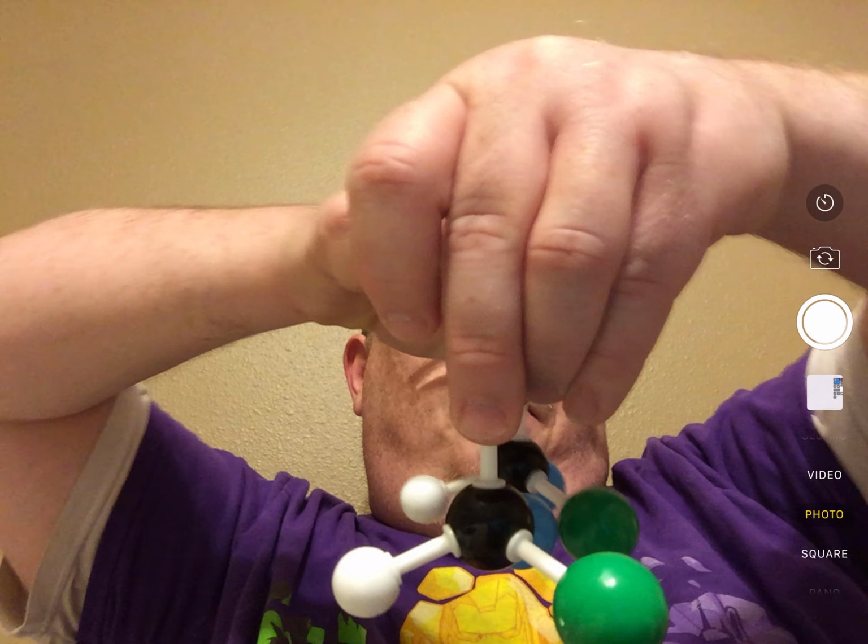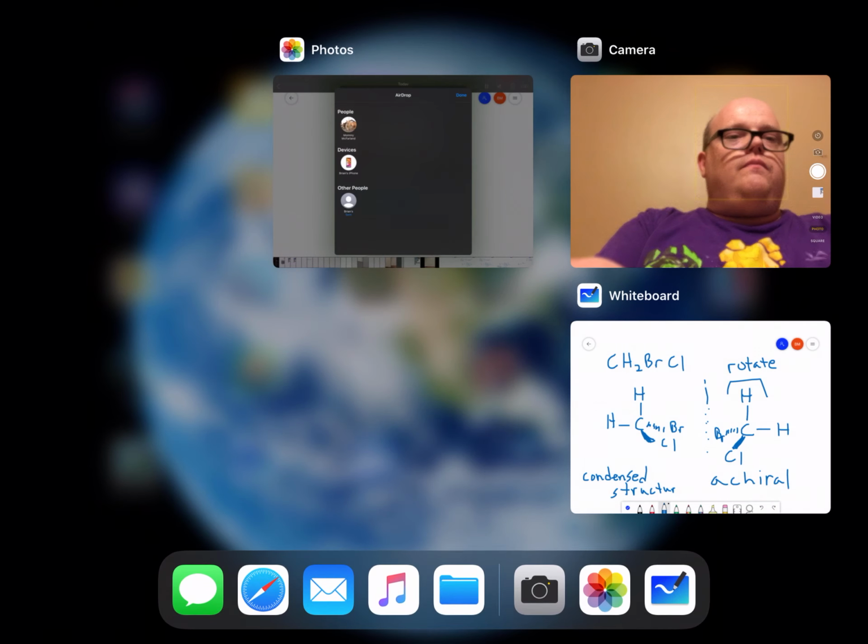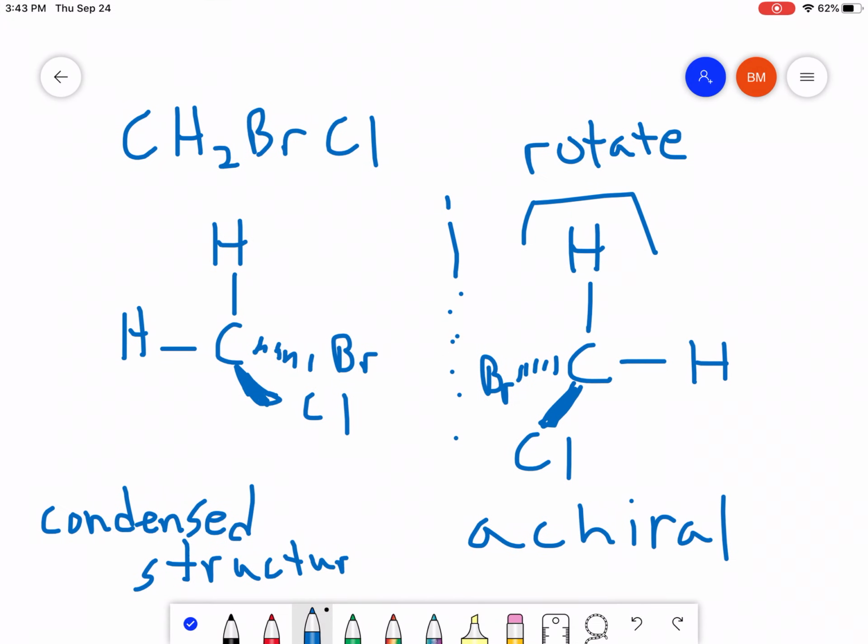Okay? So, a good illustration of how we can use the molecular models to figure out if two structures are superimposable or not. All right.